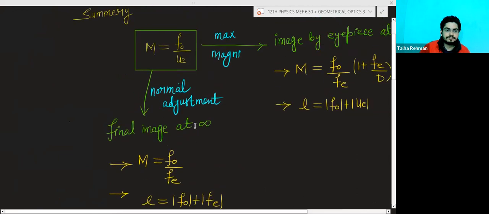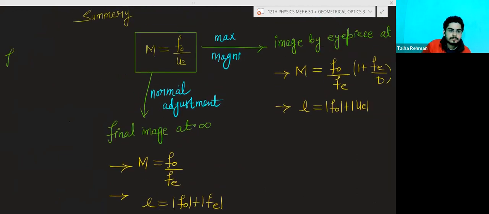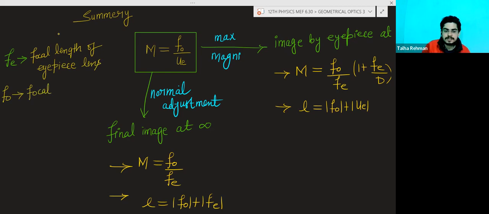You can write here: FE, focal length of eyepiece. What is FO? Focal length of objective lens.